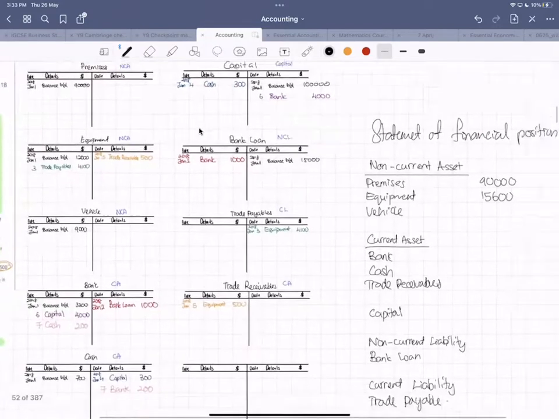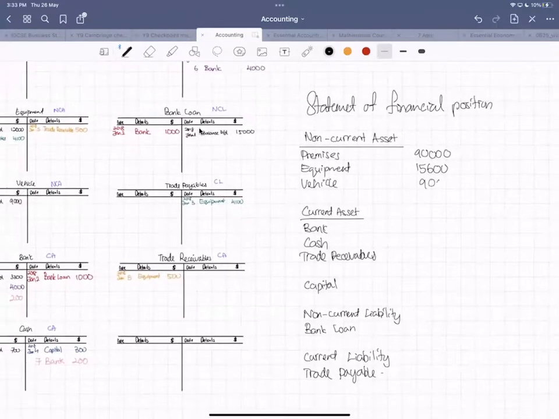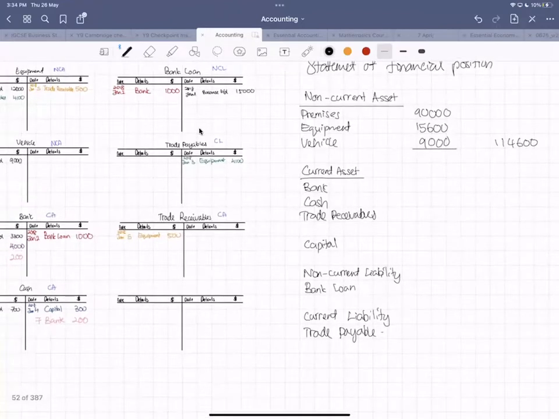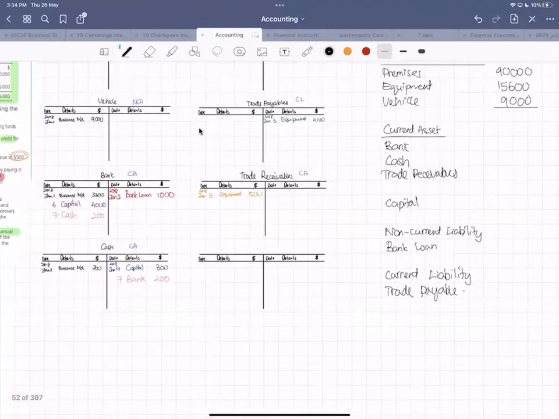Same goes, vehicles is the same thing, 9,000. So I just take this, add 9,000. I add another 90,000. That's my total non-current asset, 114,600. Done. Then go to current asset. Look at my bank, 3,300 plus 4,000 plus 200 minus 1,000, 6,500.